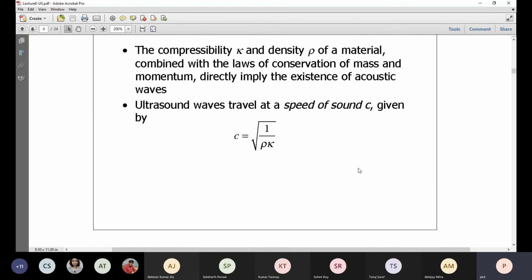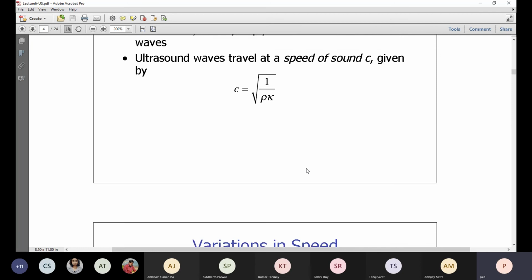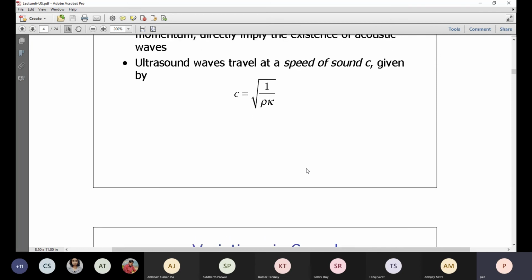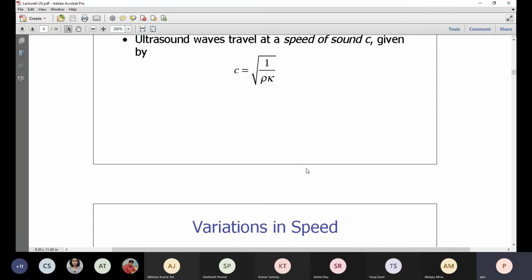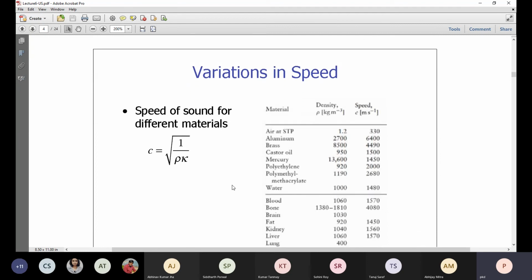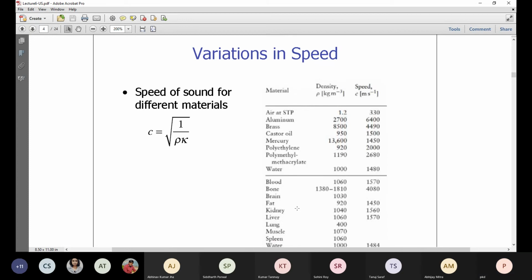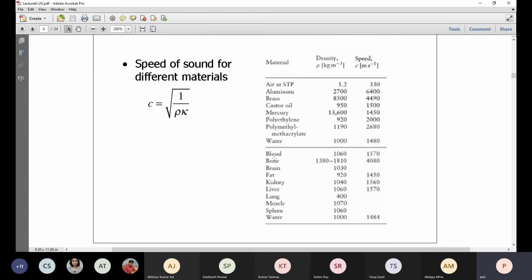So sound velocity is given by 1 over the square root of rho k, so that we have also discussed. Now we have discussed the velocity of sound in generally metals, solids, liquids, or air. However, here you get the information of the body substances.